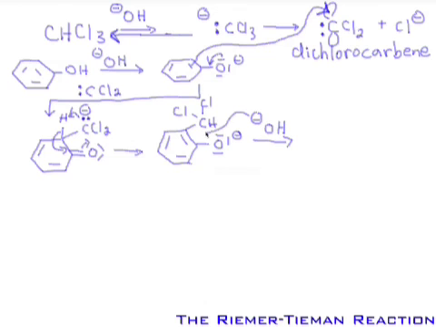Nucleophilic substitution now takes place, and we kick out a chlorine. And so, what happens? We get our aromatic ring with our O minus.